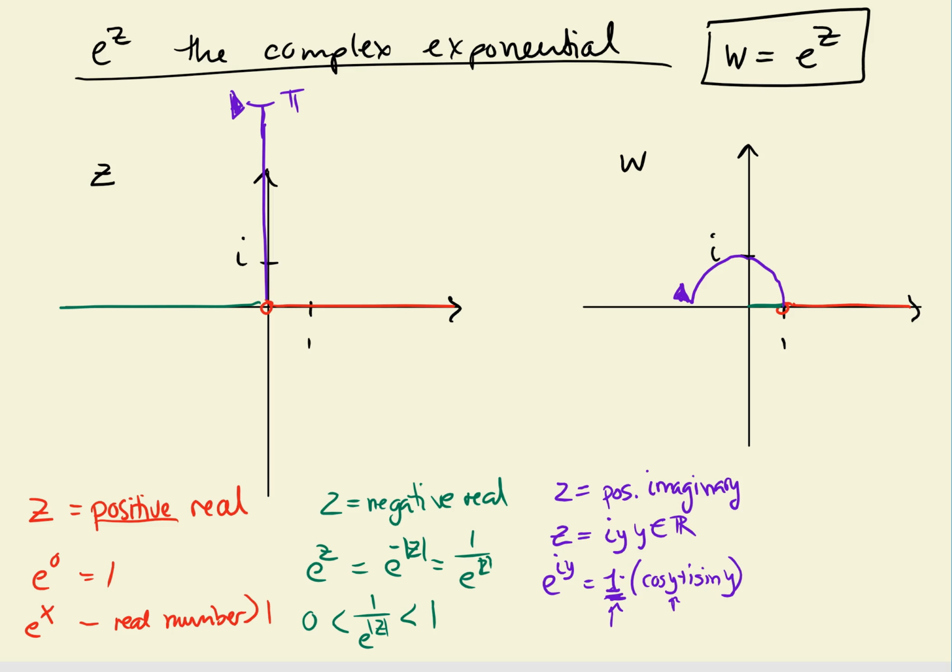And if z is a negative imaginary number, so it's here on the negative part of the imaginary axis, then obviously z can be written as minus i times y, where y is a positive real number. Same thing over here actually. And what we get is, again, the unit circle all the way to minus pi.